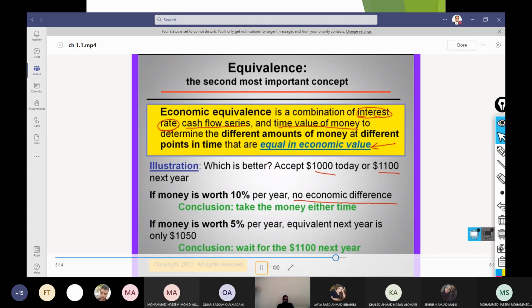However, if you do take the $1,000 now and forego the $100 extra a year from now, you have set aside the economics of the 10% gain. However, let's suppose that money is worth only 5% per year rather than 10%. Then the equivalent amount 1 year from now is 1,000 times 1.05, or $1,050. Well, in this case, you should wait for the $1,100. Why? Because that $1,100 next year is equivalent to $1,000 now, but at a higher interest rate, namely 10%.